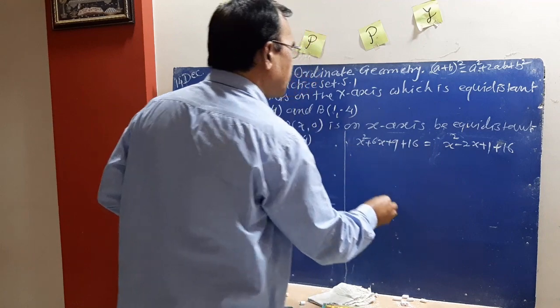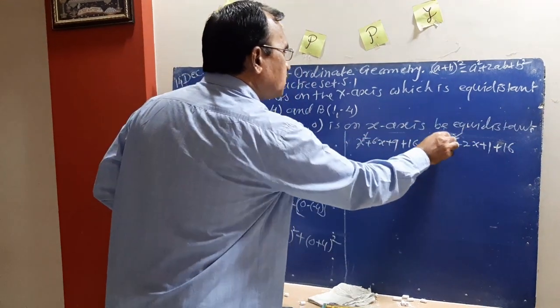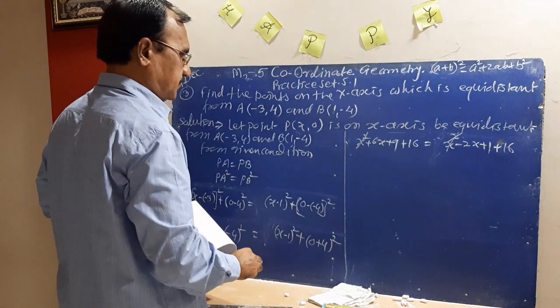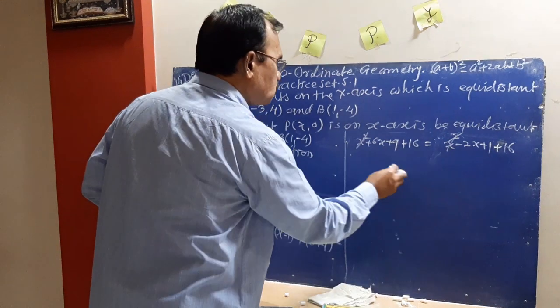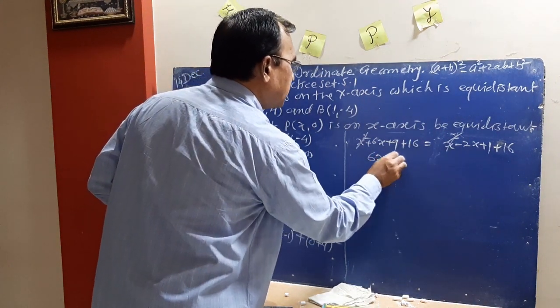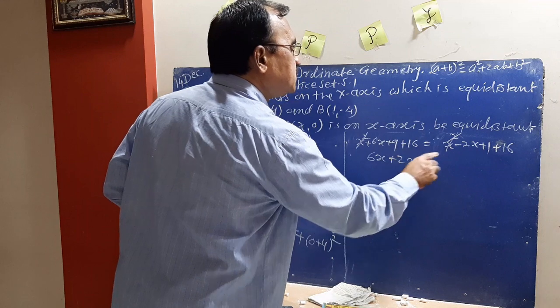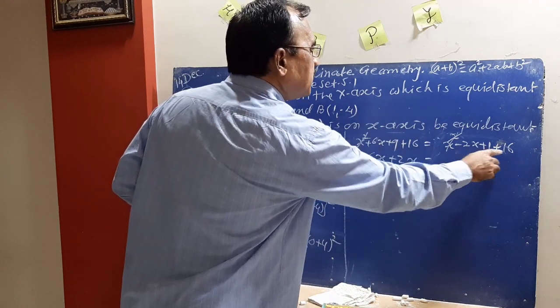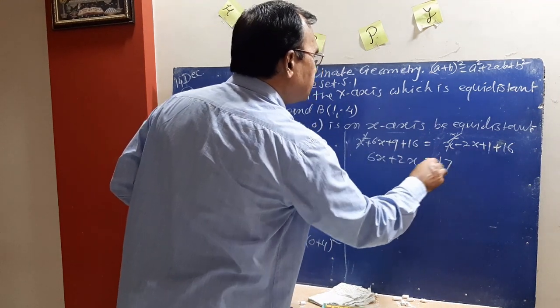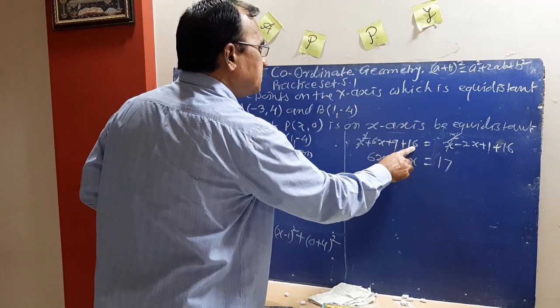Now here x square gets cancelled. Take minus 2x to this side, it becomes 6x plus 2x is equal to 1 plus 16 is 17, and 9 plus 16 is 25.